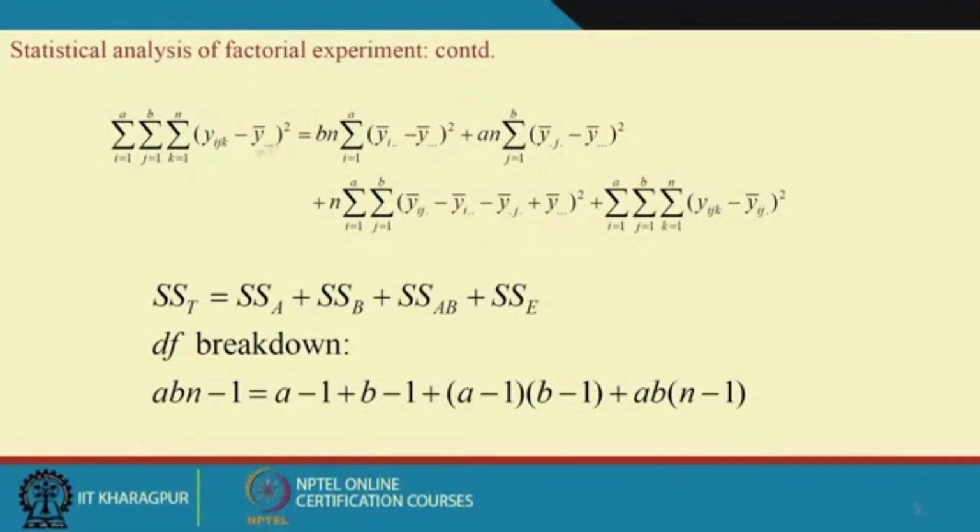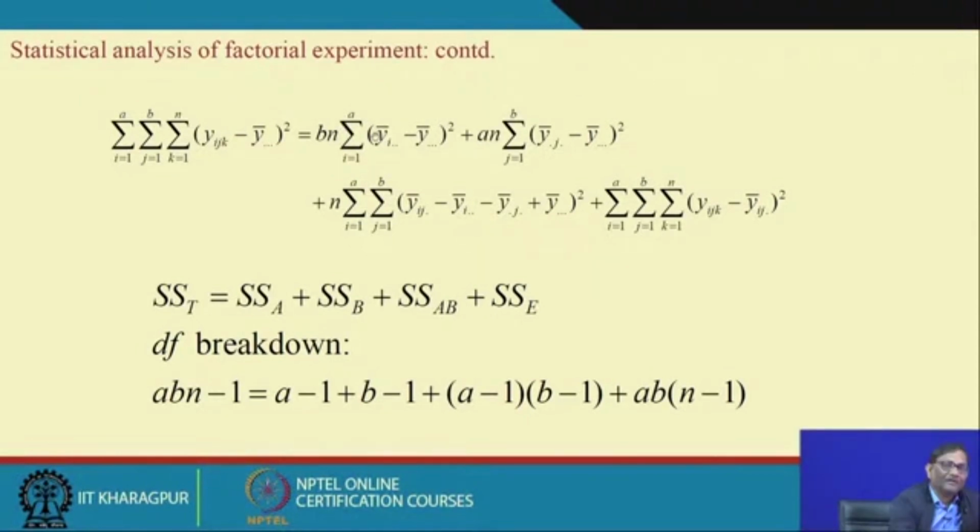The left hand side is the SST, and on the right hand side the first one, bn times this, is SSA, the sum square for factor A. The second is the sum square for factor B, the third is interactions, and the fourth is error.